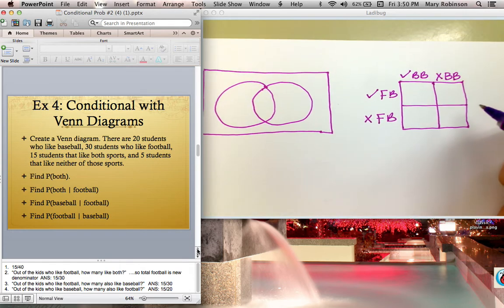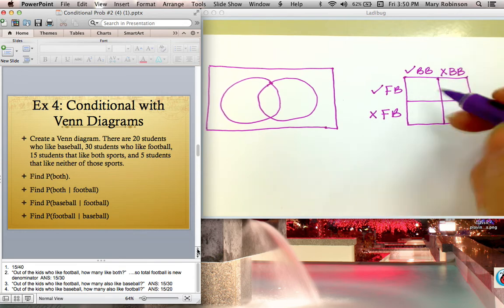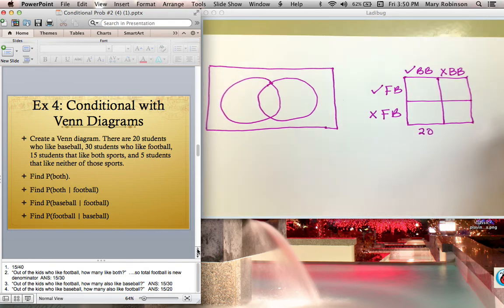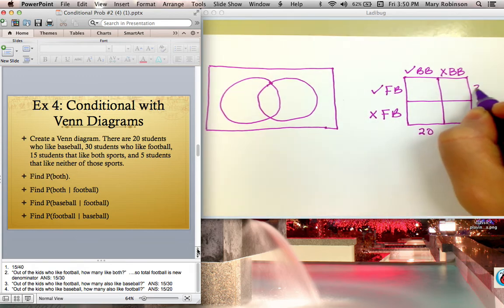We've done this before, so I'm trying to tie that in. Reading it again, it says there are 20 students who like baseball. It does not say that they are students who like both baseball and football. So that 20 is going to represent our baseball total. They then say that there are 30 students who like football. So we have 30 students who like football.